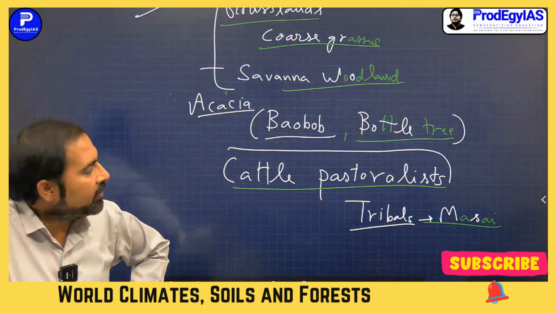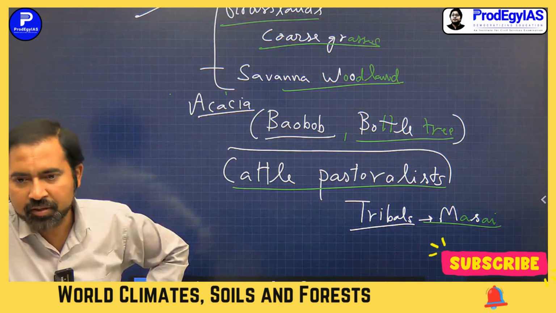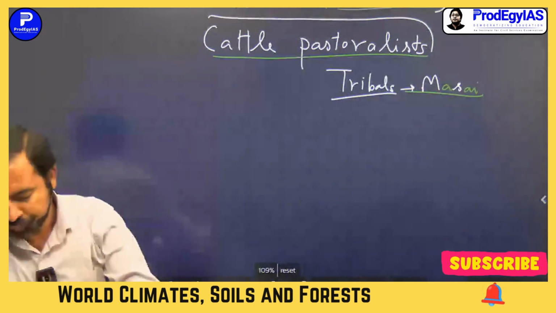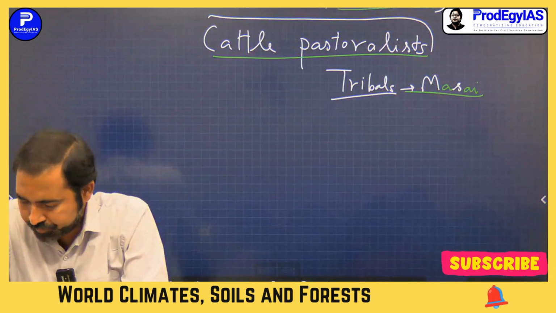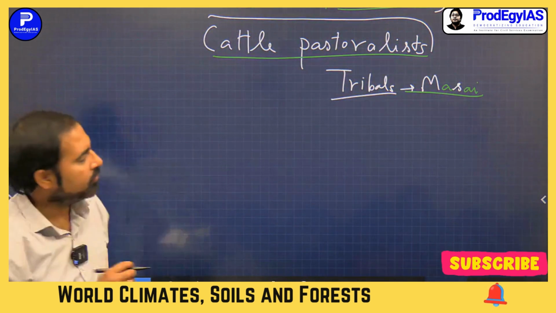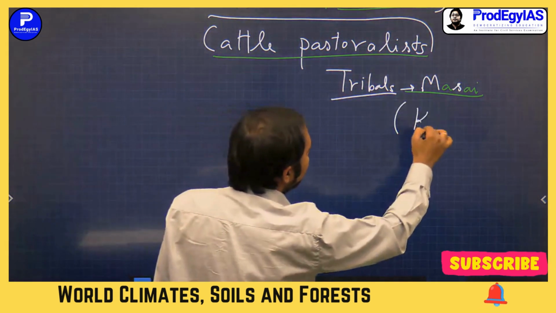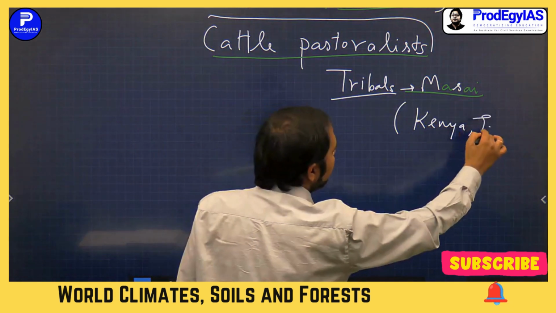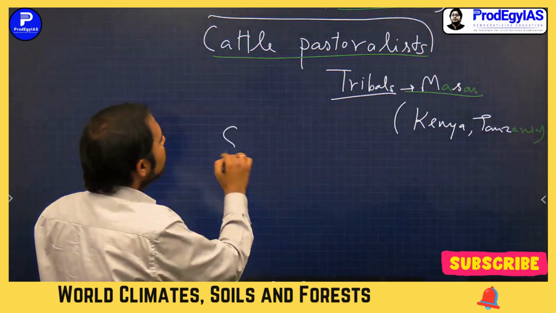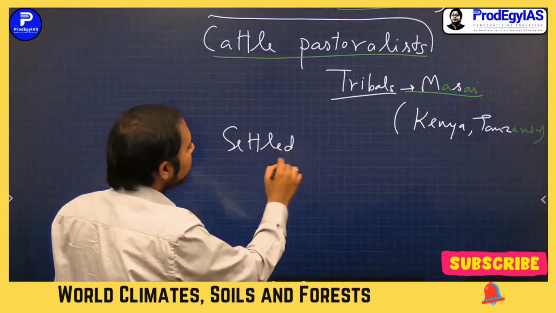So that is why they can be asked as cattle pastoralists. And there is another type of settled cultivators also. Those settled cultivators are Hausa people. They are in and around Kenya, Tanzania. Those settled cultivators are there.